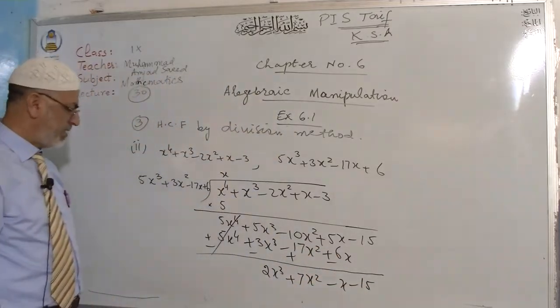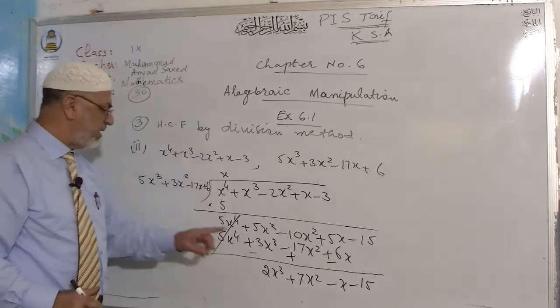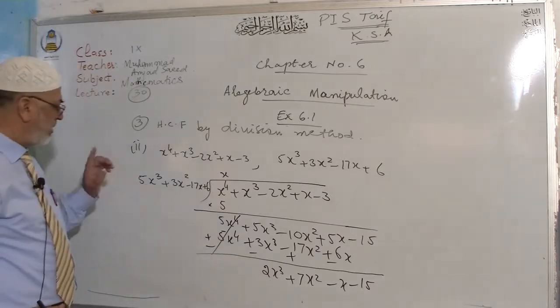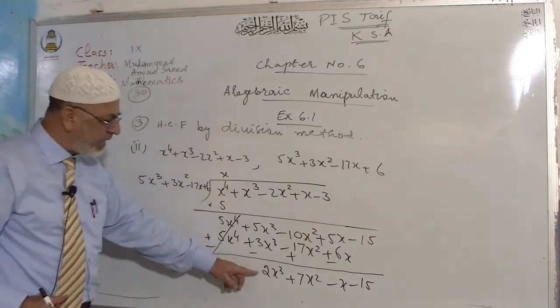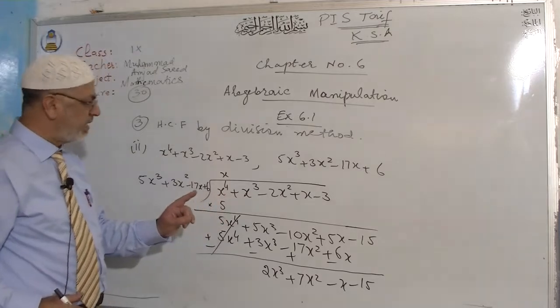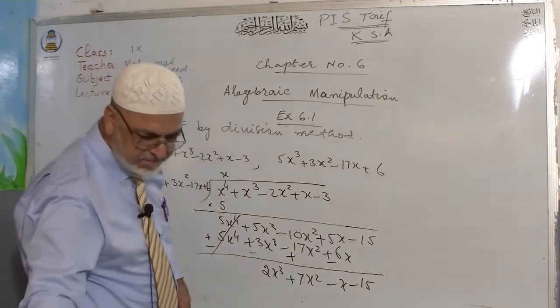This is 2x^3, this is 5x^3. This one is bigger. You will write down the smaller outside and the bigger will come inside.